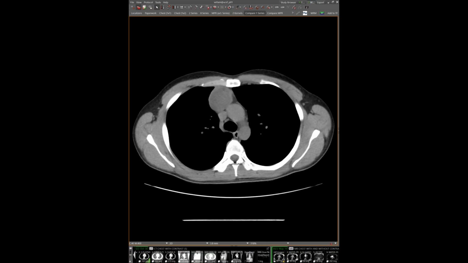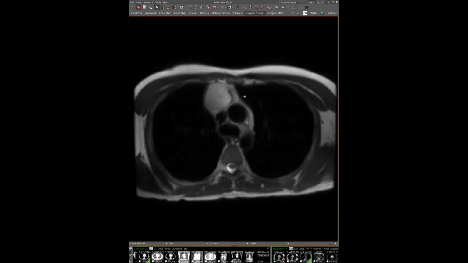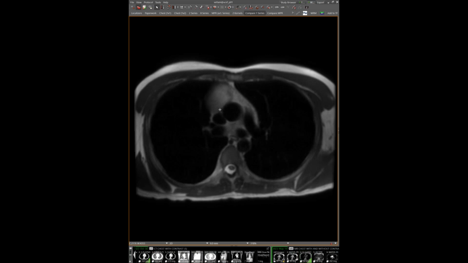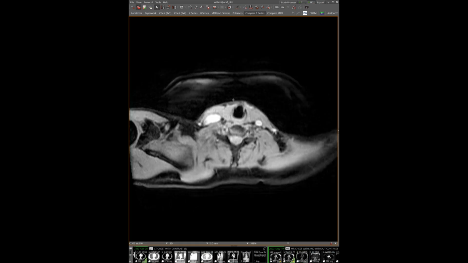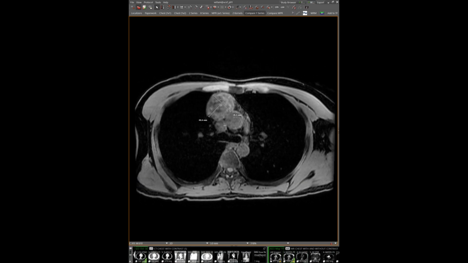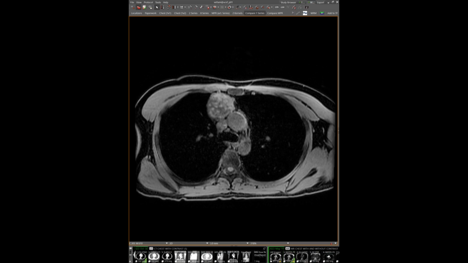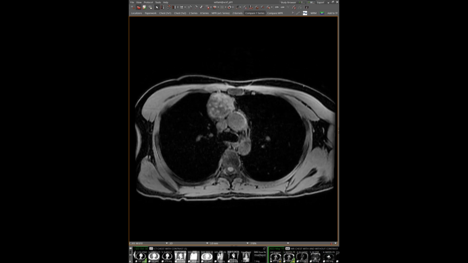So we ended up getting an MRI to evaluate it. And we can see on the T2 imaging that this thing is predominantly T2 bright pretty uniformly. On pre-contrast T1 imaging, we can see some little speckled areas of T1 in the middle of it, which may imply that there's either blood or proteinaceous product, something else.